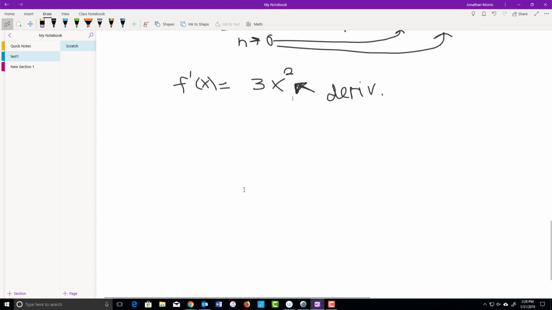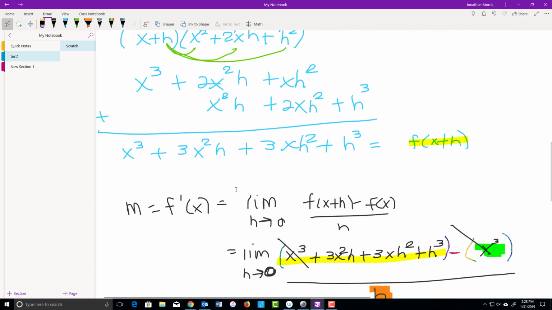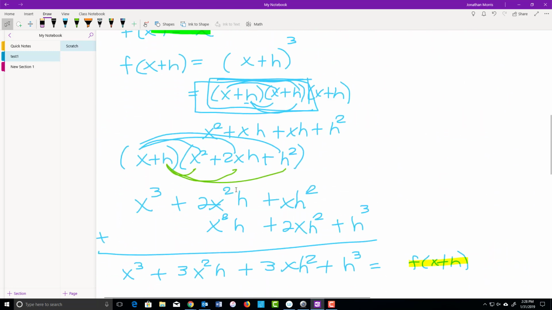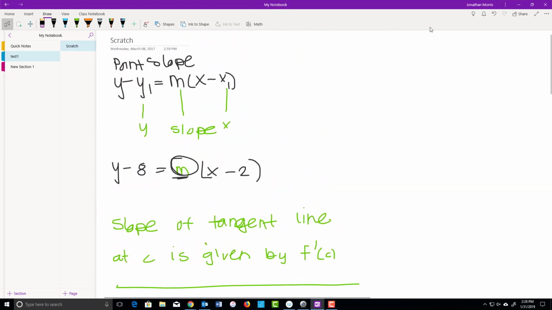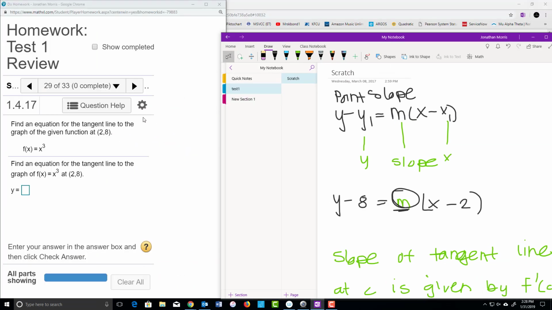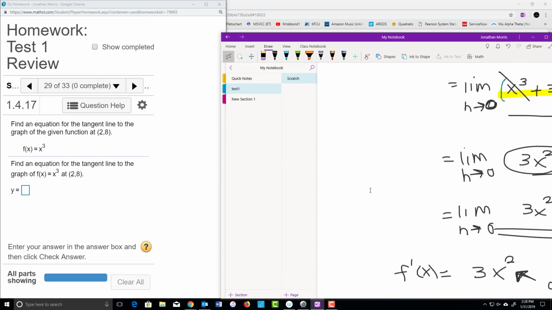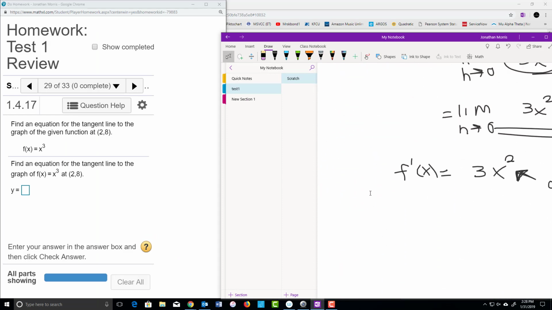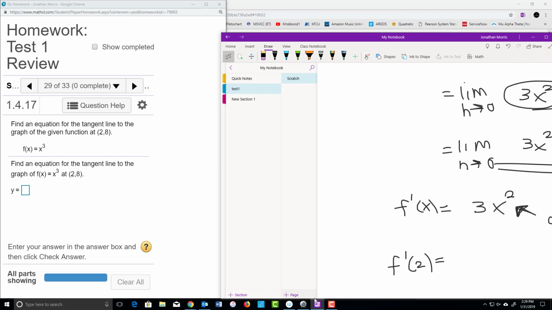So c in this case is x, but if you look back at our problem, x is 2. So the slope of the tangent line is given to us by f prime of 2. So I am going to plug 2 into the derivative for x, and that's going to be the slope of my tangent line.